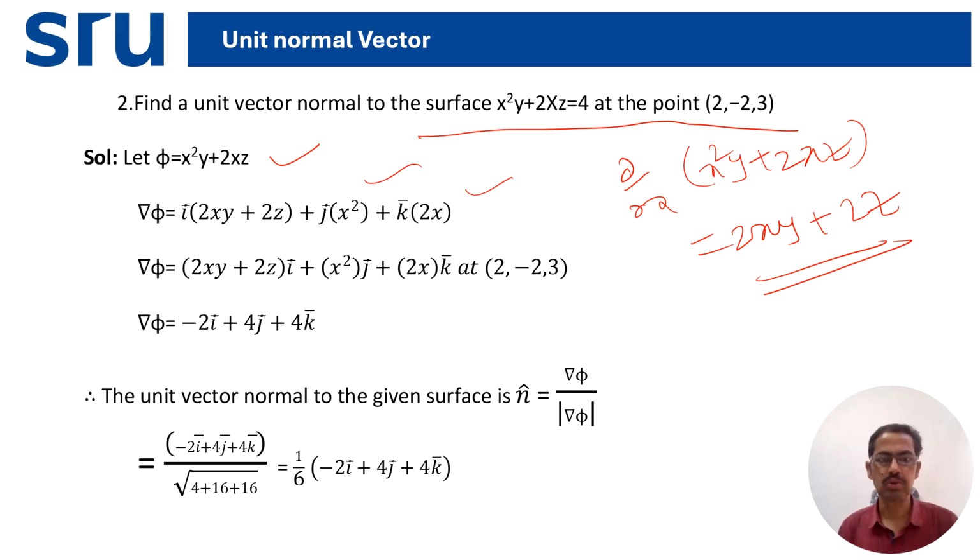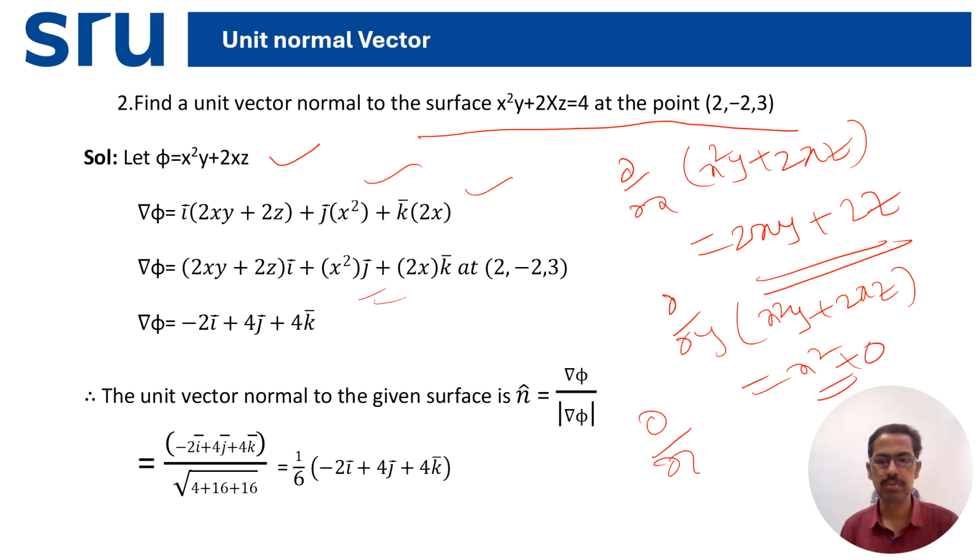With respect to y, x square is the only term, and the 2xz term is 0. With respect to z, the x square y term is 0, and for 2xz, z is 1, so 2x.